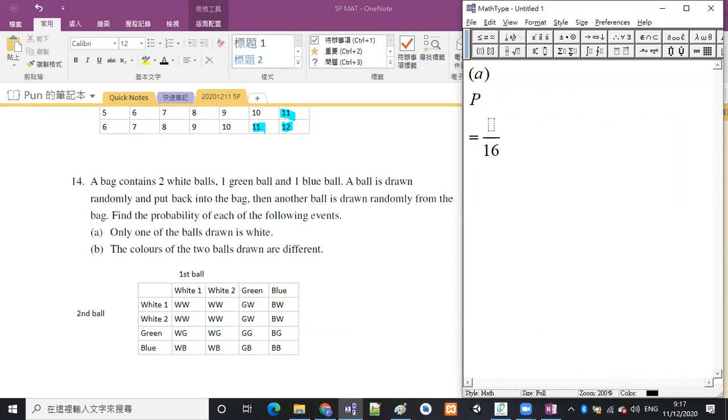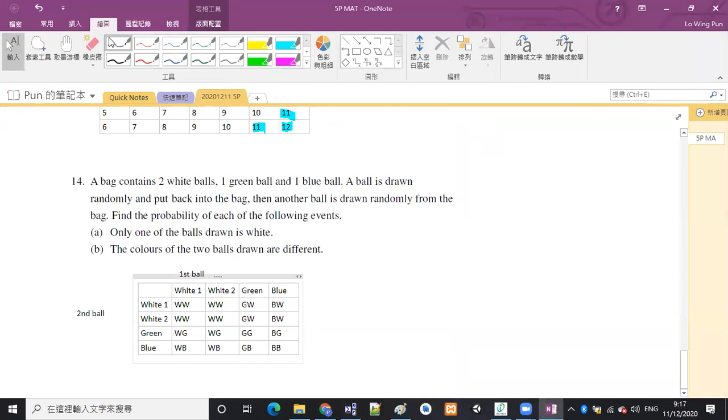And then the numerator. In part A, what we are finding is only 1 ball is white. Okay? Among the 16 options, 16 outcomes, how many of them will have only 1 white ball?